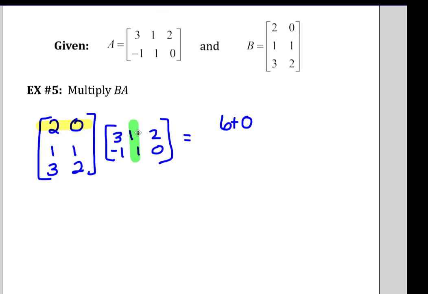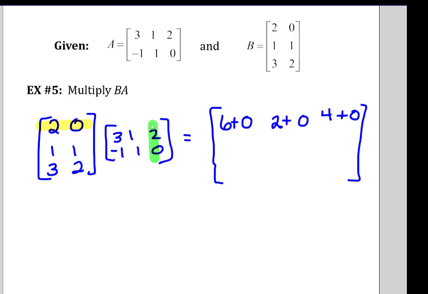Then we'll just work with row 1. We have the second column is 2 times 1 plus 0 times 1. And then we have the third column, which is 2 times 2 plus 0 times 0. So this is the first row.